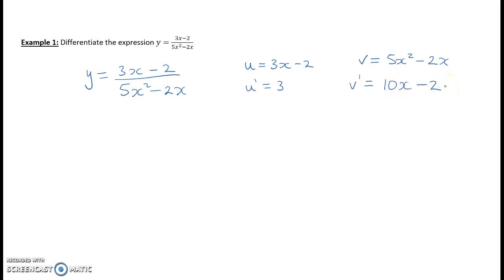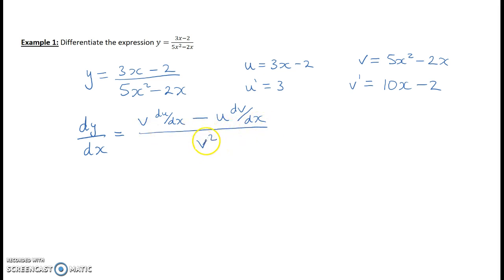Okay, and then we're simply going to apply the quotient rule. It's a good idea to write it out every time you use it. It's a bit of a nuisance, but it's certainly the quickest way to learn it. So it's v du dx minus, and it has to be a minus, u dv dx all over v squared.